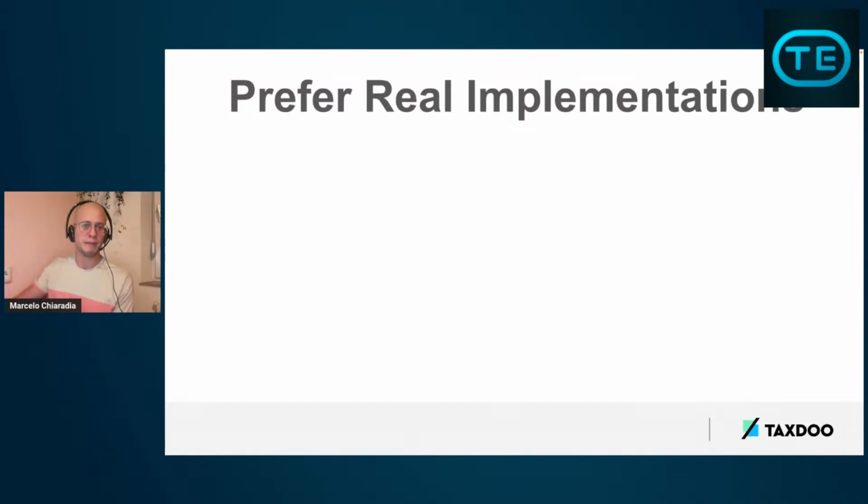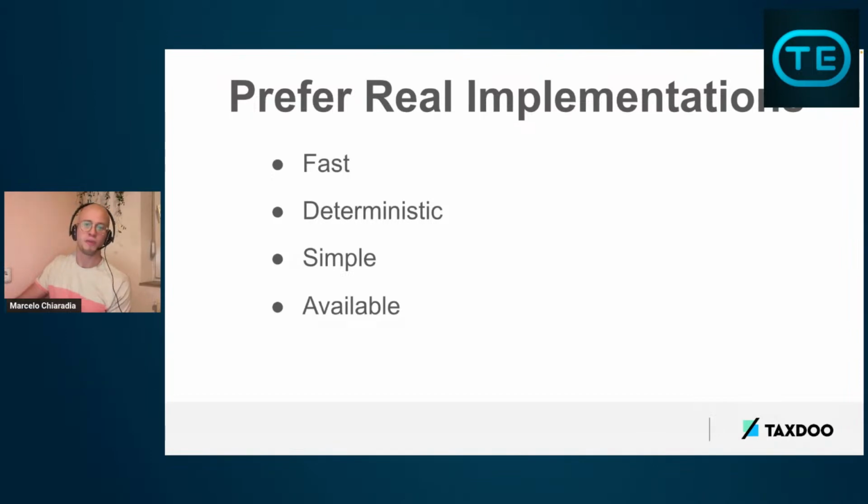Some of them might be expensive, some APIs. So there is a trade-off to be made here. We would like to, whenever possible, use real implementations. Whenever possible means that they should be fast, deterministic, simple enough, and available. They should be there.